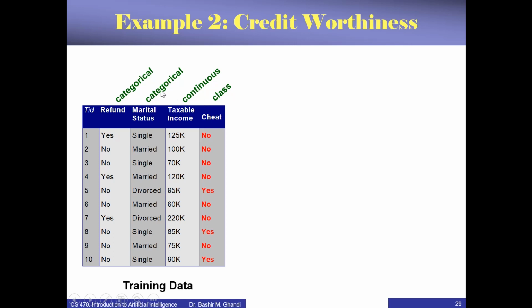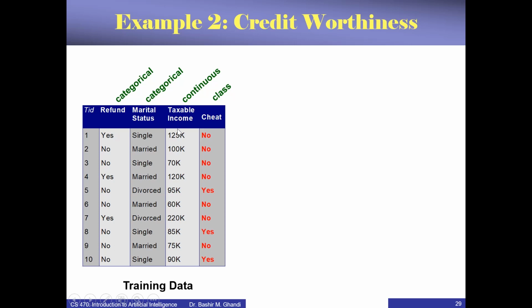They found that it depends on 3 attributes. So the first attribute is refund. The customers, did they actually refund the loan or not? The other attribute is marital status. So some of them are single, some of them are married, and some of them are divorced. And the third one is their income.